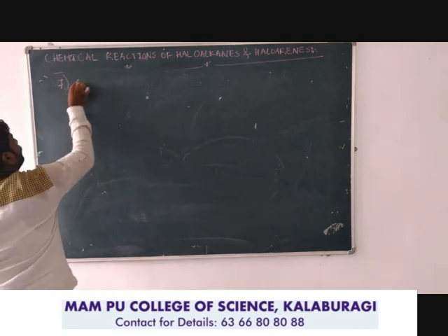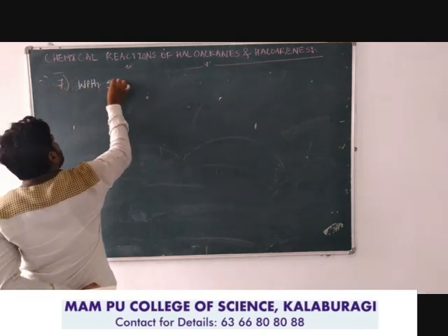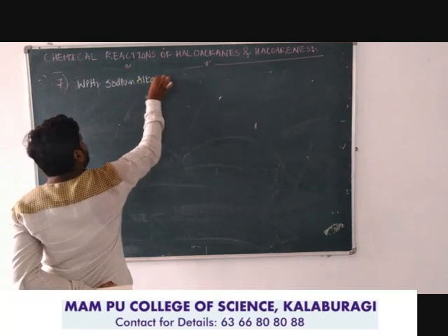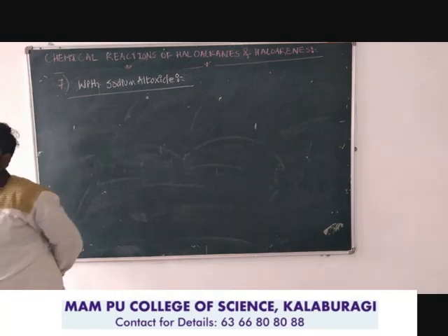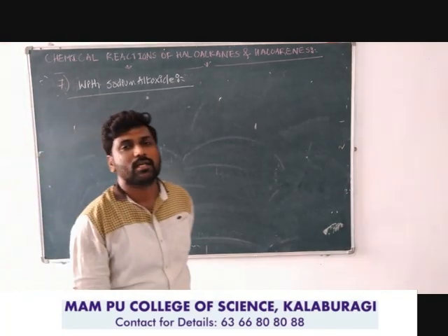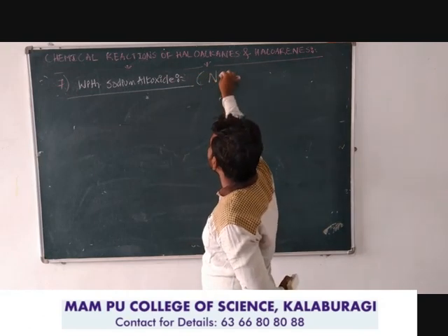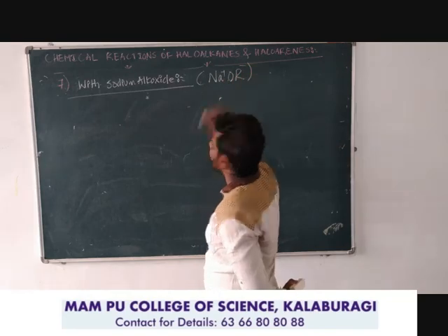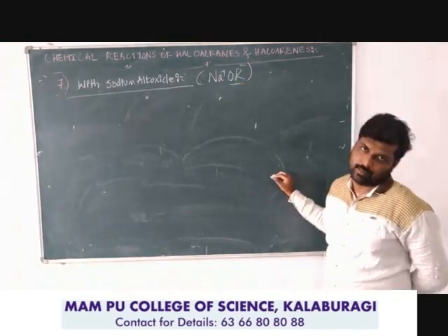That is the reaction of nucleophilic substitution, reaction of alkyl halide with sodium alkoxide. Sodium methoxide, sodium ethoxide, sodium propoxide. Generally, sodium alkoxide formula is Na plus RO minus. Here the alkoxide behaves as the nucleophile.